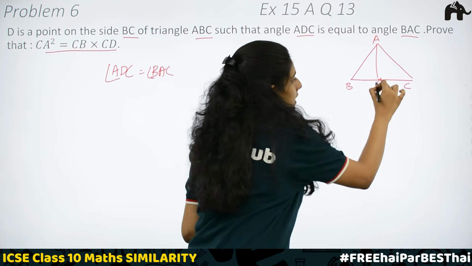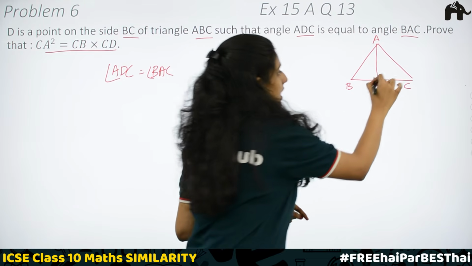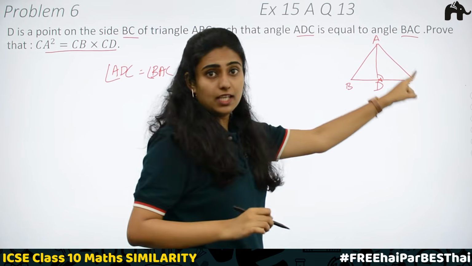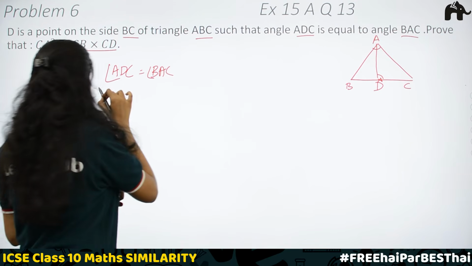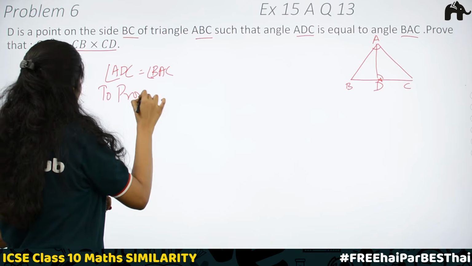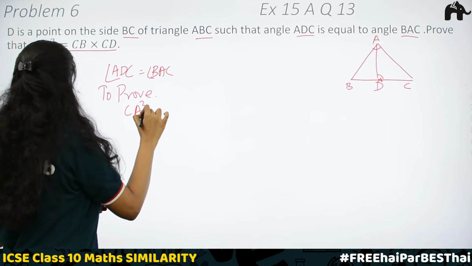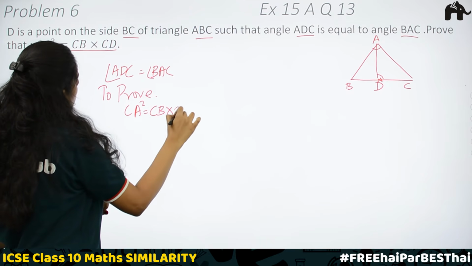This is point D. So this angle ADC is equal to angle BAC. We need to prove CA square is equal to CB into CD.